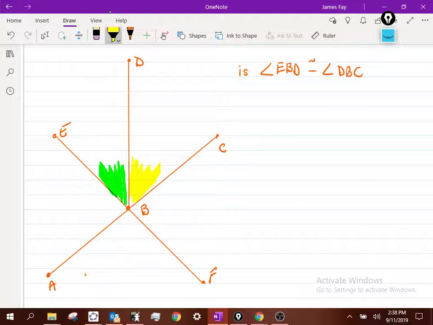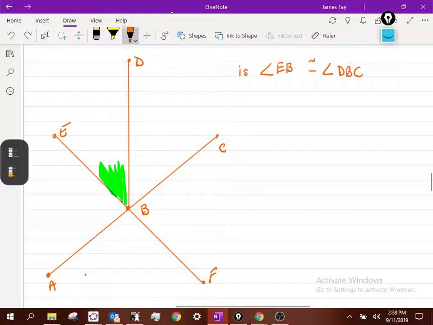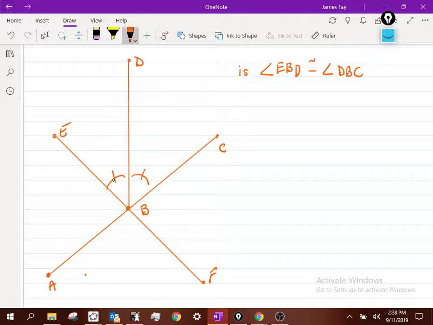Does that make sense? Or if I tell you the EBC angle is 100, maybe the green one's 49 and the yellow one's 51, right? Your eyes aren't precise enough to determine that 1 to 2 degree difference. Now, they look very similar in size, but we would not say that these angles are congruent because there's no information leading me to that, meaning there's nothing like that being drawn in the angle.